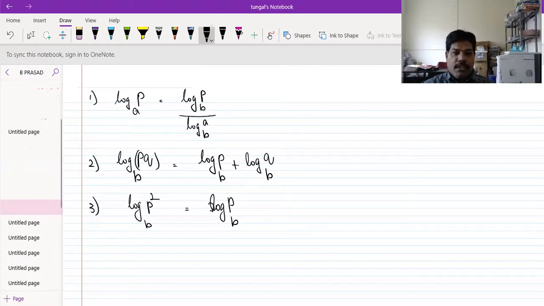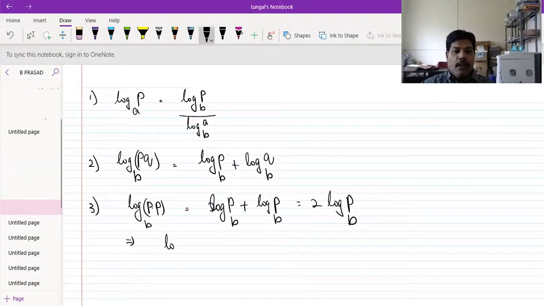So if you understand that, I will take P and the P, okay? So P into P. By this formula, it will become log P base B plus log P base B, so it will become 2 into log P base B. So what is the formula?